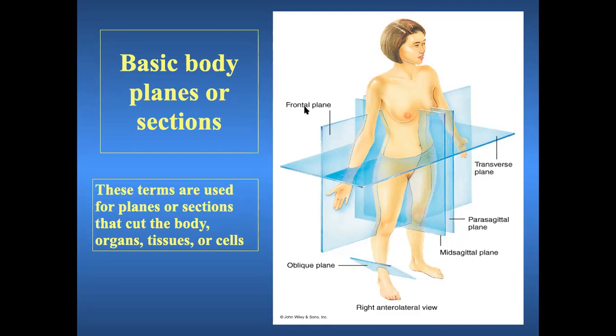Here frontal plane is written. Frontal plane applies only to the head and neck regions; you can call it the coronal plane. Coronal means the entire body. Take a coronal section of the brain: it divides the brain into an anterior part and a posterior part, right? A midline section divides the brain into two equal halves, that is the mid-sagittal section.